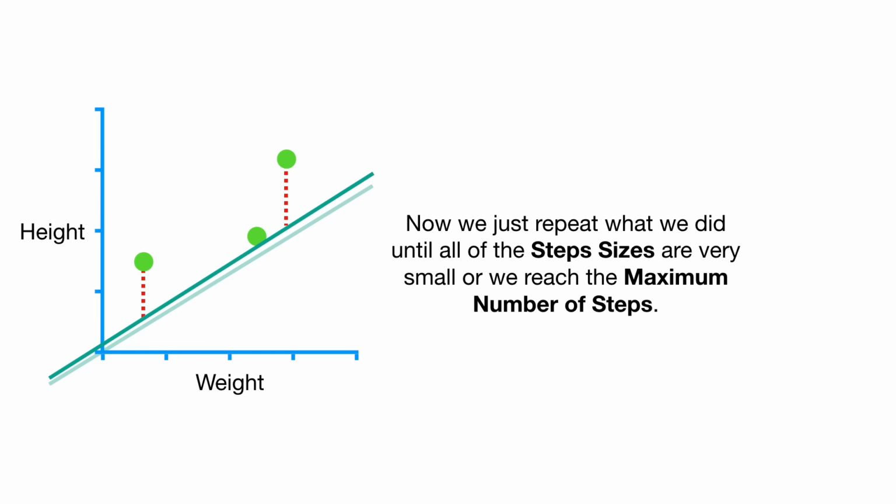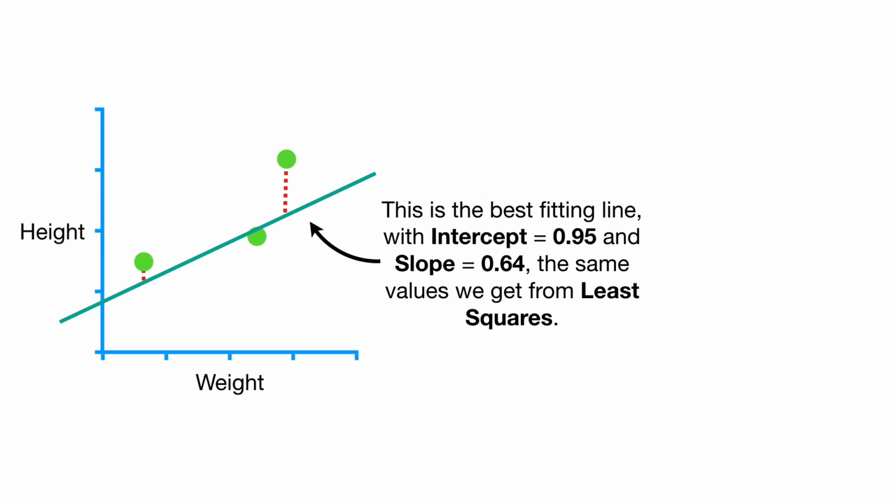Now we just repeat what we did until all of the step sizes are very small or we reach the maximum number of steps. This is the best fitting line with intercept equals 0.95 and slope equals 0.64, the same values we get from least squares.